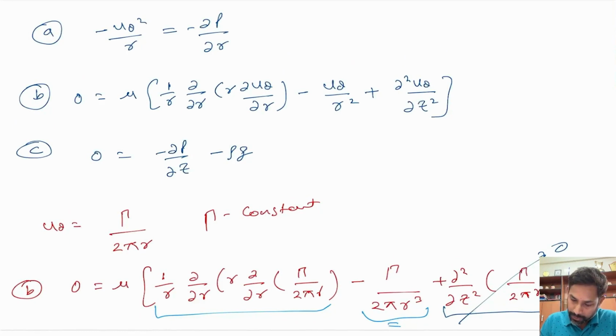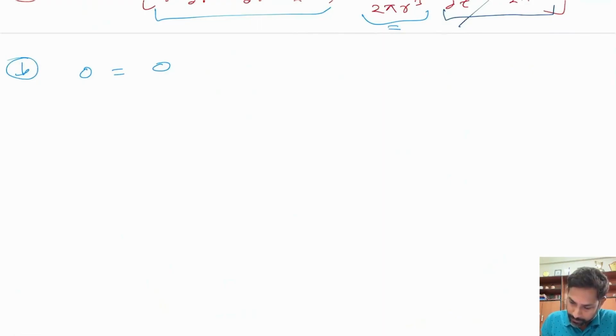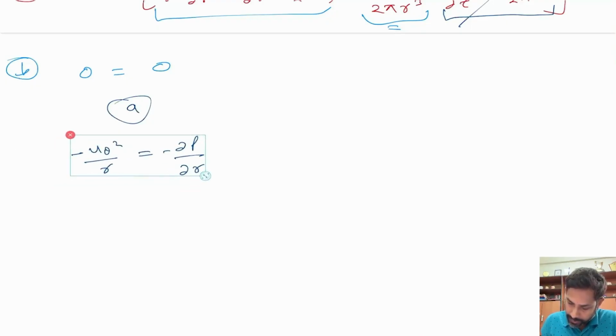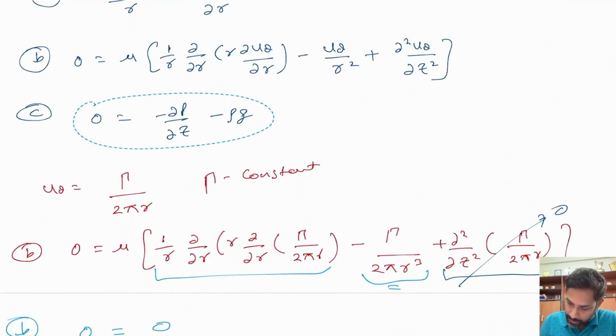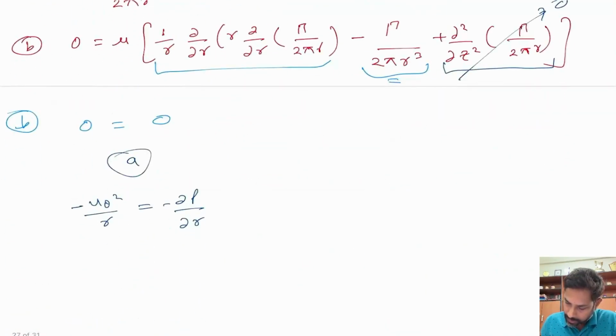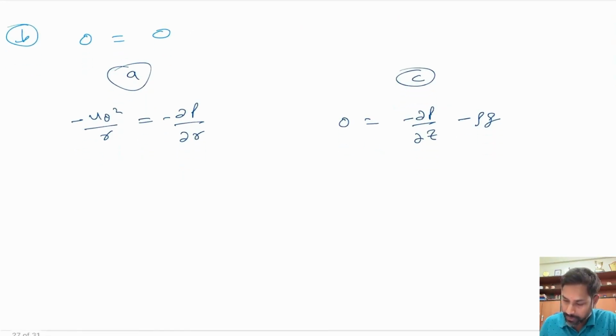So let me copy these equations. So that is equation A, and this is equation C. Okay, so we have these two equations left which are useful, where other equations are of no use.